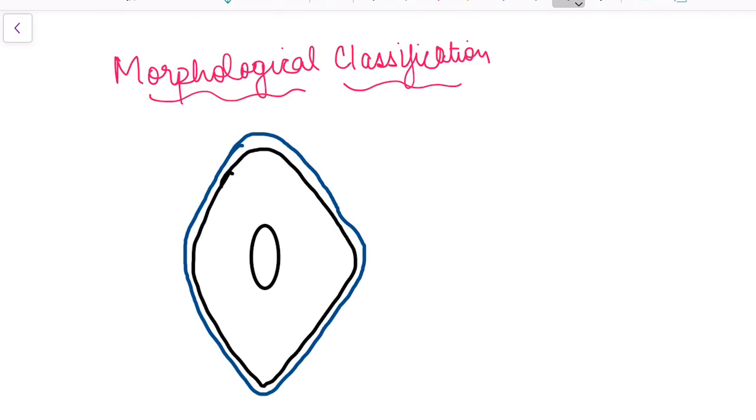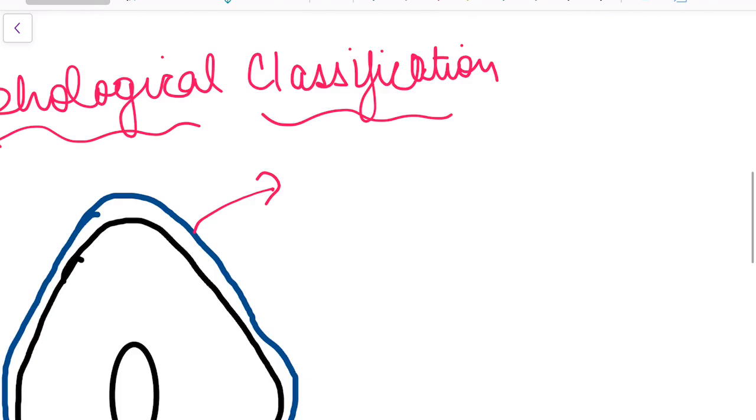Okay, so in the morphological classification, if we correlate with the diagram, it will be very easy. Okay, so first of all we see the capsule. So from the capsule only, it can be anterior, posterior capsule cataract.